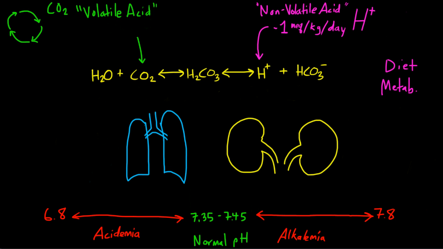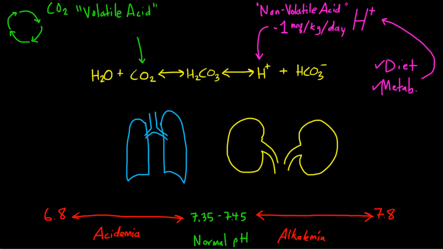So in response to your diet and end products of metabolism, there's going to be oxidation of amino acids like cysteine and methionine, hydrolysis of phosphoproteins, and incomplete degradation of carbohydrates, fats, and proteins. What this results in is a daily acid load, a production of hydrogen ions associated with what we're calling non-volatile acid.